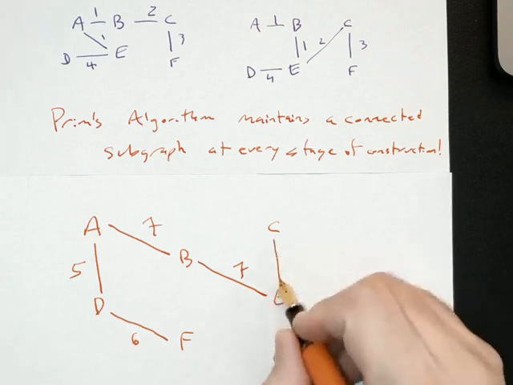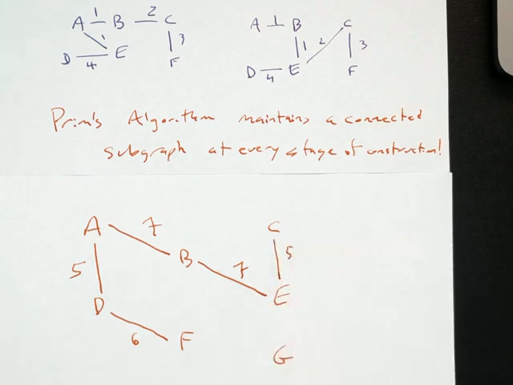I knew it was going to come back at some point because it was the lowest weight edge I needed. It's got to be in here somewhere. And now, the lowest weighted edge connected to any of these. Wait a second. Did we screw up our previous picture?